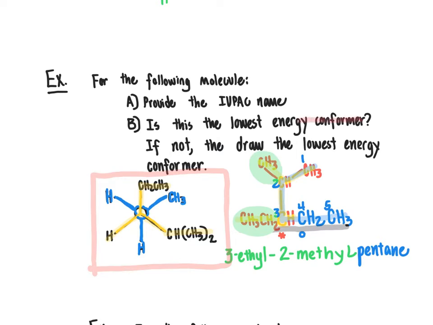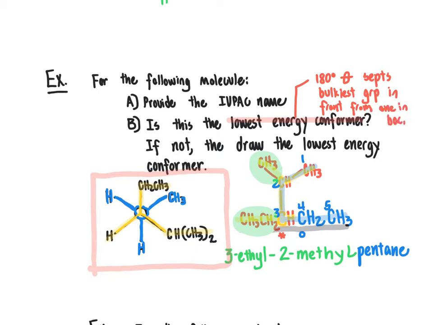So lowest energy conformer, by definition, regardless of whether we're looking at this problem or others, means that there's a 180 degree dihedral angle, which I'm going to abbreviate as theta, that separates the bulkiest group bonded to the carbon in front from the bulkiest one bonded in back.